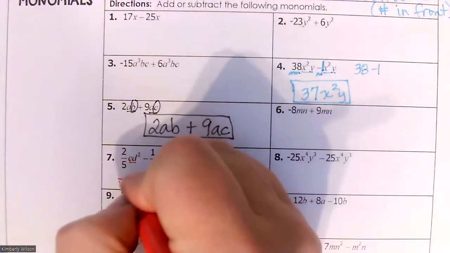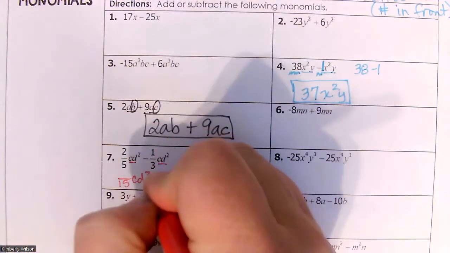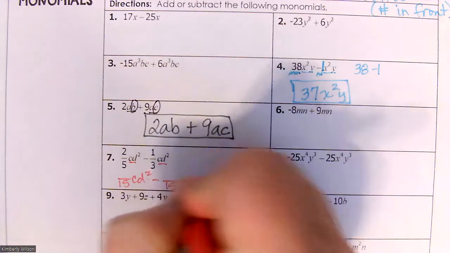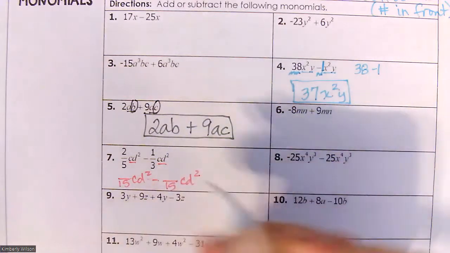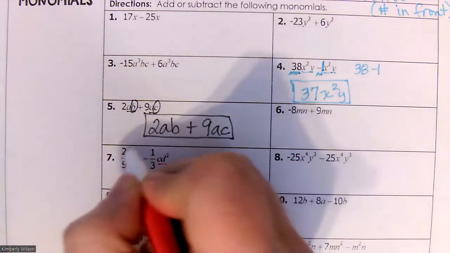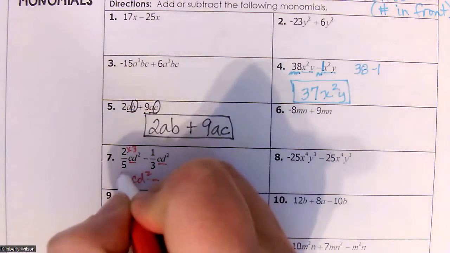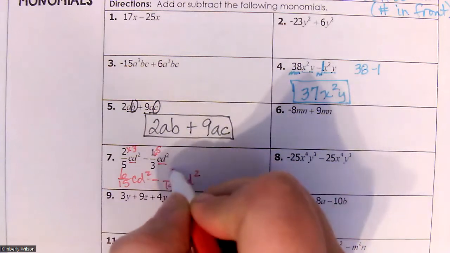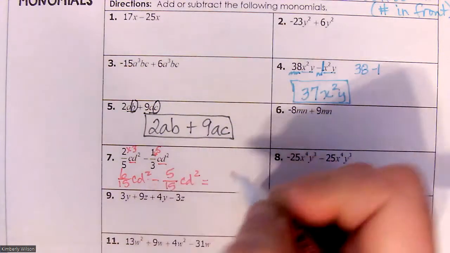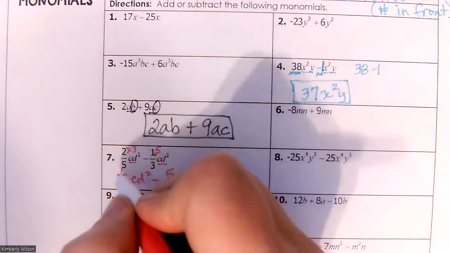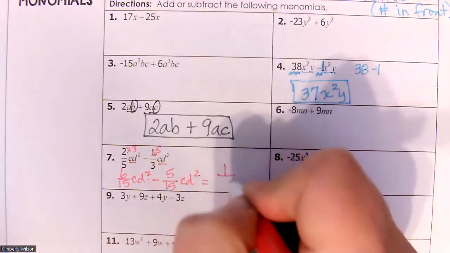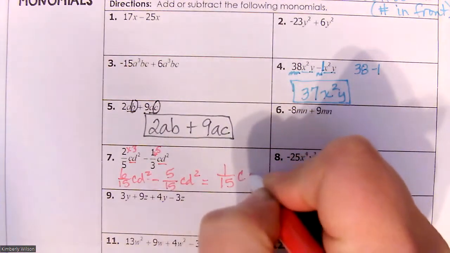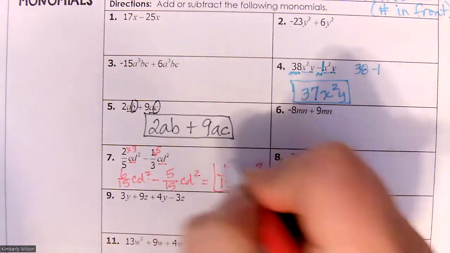So I'm going to have CD squared minus something over 15 CD squared. So 5 goes into 15, so I'm multiplying times 3. So this is 6. So it's times 5. So this is 5. So we end up with 6 minus 5, which is going to give me 1/15 CD squared as my answer.